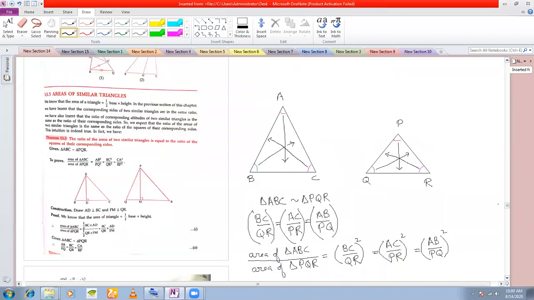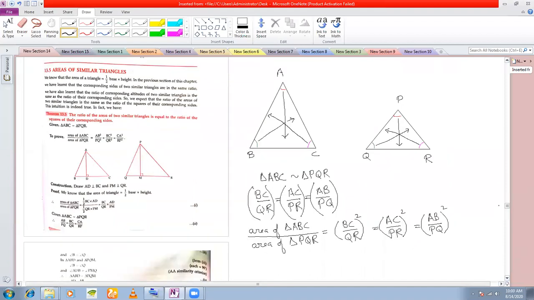Suppose I ask you the relation between the areas of the similar triangles, then consider these two figures that I had taken yesterday. First of all, after proving similarity of the two triangles by angle-angle rule, you will proceed to write down the proportional sides.